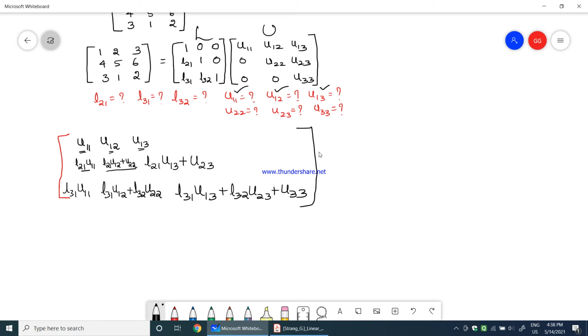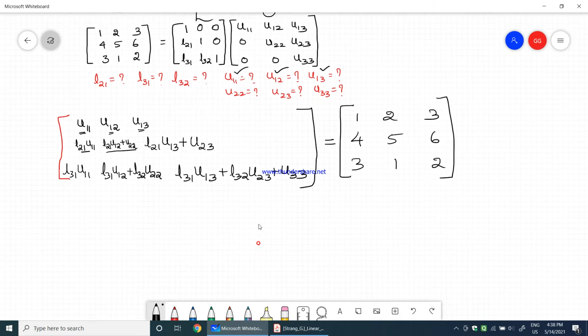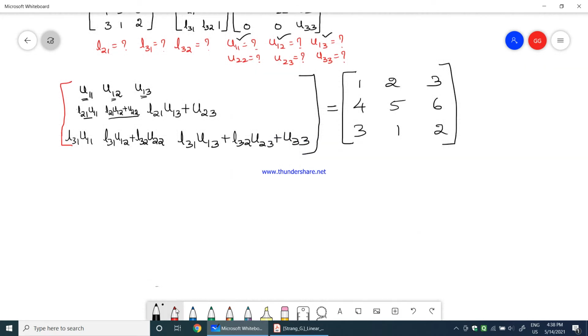Now I will equate this to the matrix that has been given here, 1 2 3, 4 5 6, 3 1 2. We try to equate element by element.